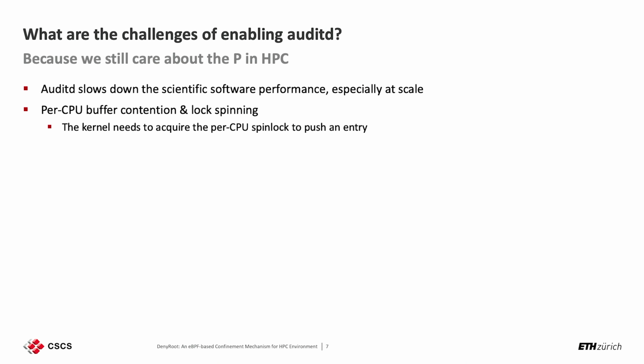It's basically because they use a buffer and they do locking on every message in the audit subsystem. Which means that if you have a bunch of MPI applications trying to write or read a file, the audit subsystem makes those parallel reads and writes become serial through the locking mechanism.